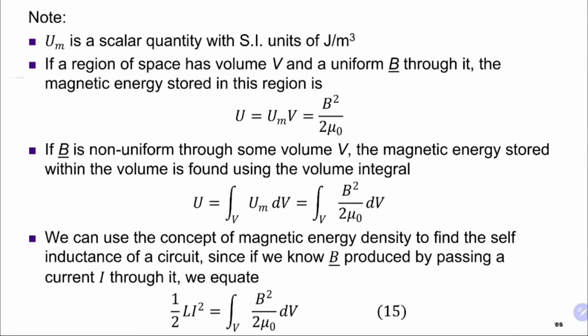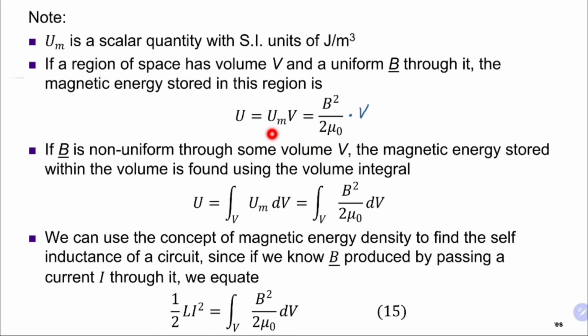Okay, so the magnetic stored energy is a scalar quantity, has a unit of joules per meter cubed. So if the region of space has a volume V and the field is uniform, then the total stored energy will be the energy density multiplied by the volume.